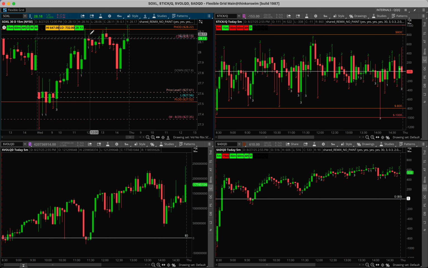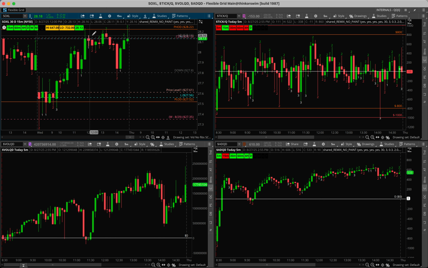Rode those up to the year flip, which also coincided with the 4-hour trigger to the upside and the overnight high. So although we did wick above that and basically trigger a 3 on the 4-hour, a green 3 or a bullish engulfing candle, we do know that the year flip has been a major rejection point for 6-7 weeks now.